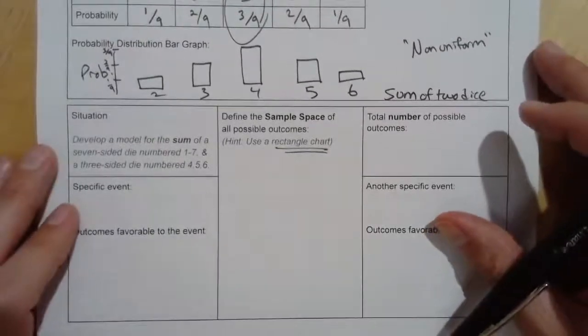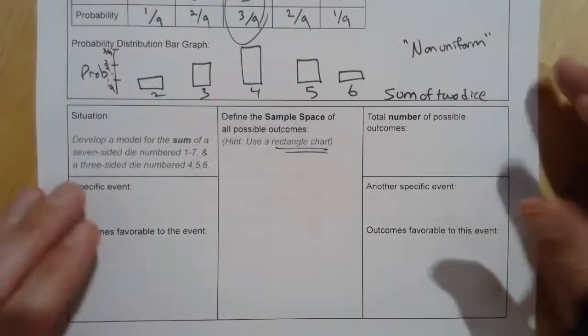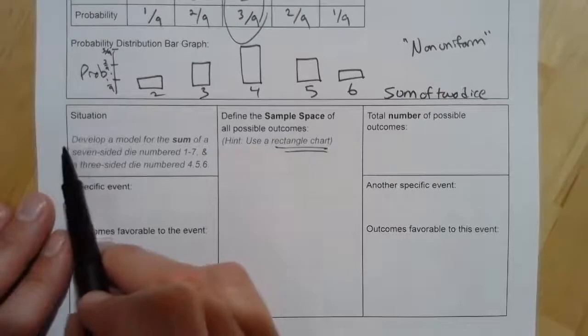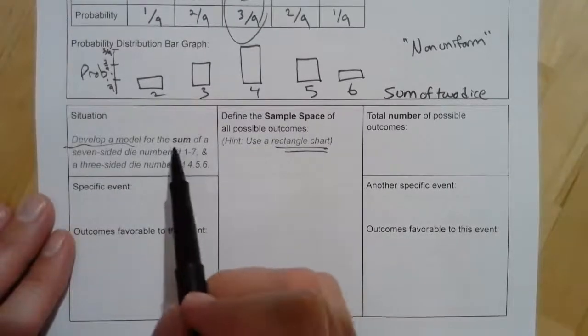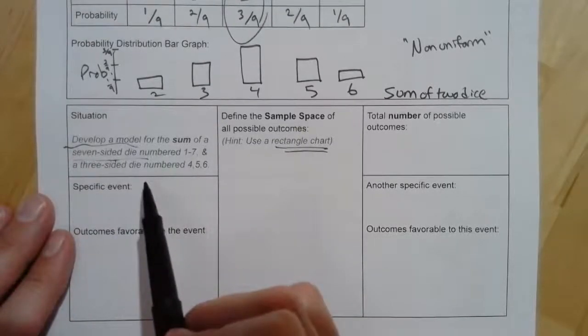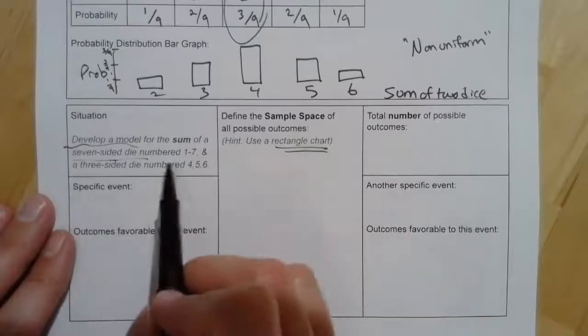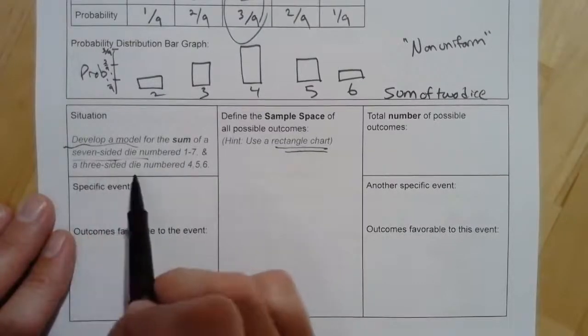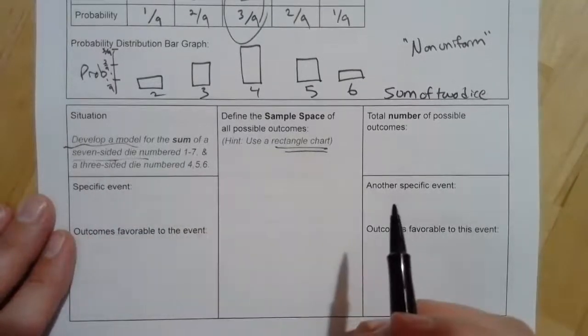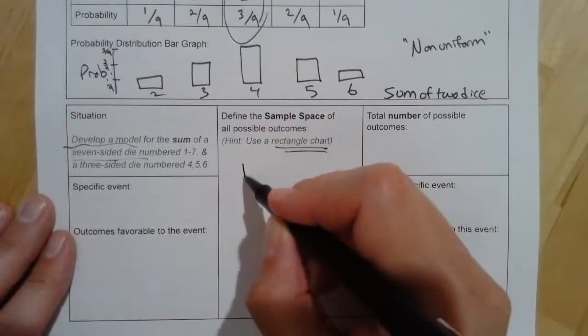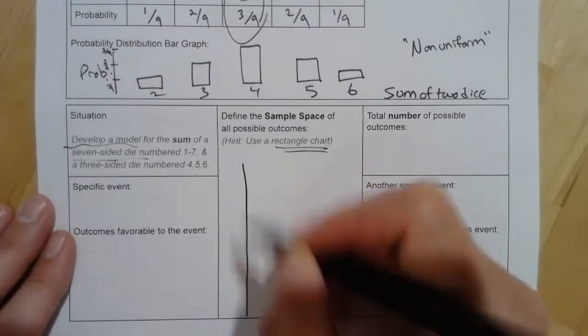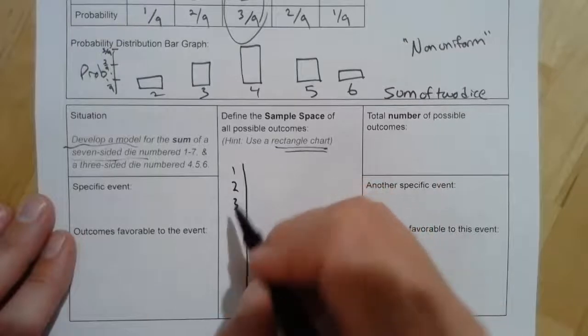So in this situation, we're looking at developing a model for the sum of a 7-sided die, whoa, 7 sides, numbered 1 through 7, and a 3-sided die numbered 4, 5, and 6. Okay, so let's do the 7-sided die this way, because this is longer.